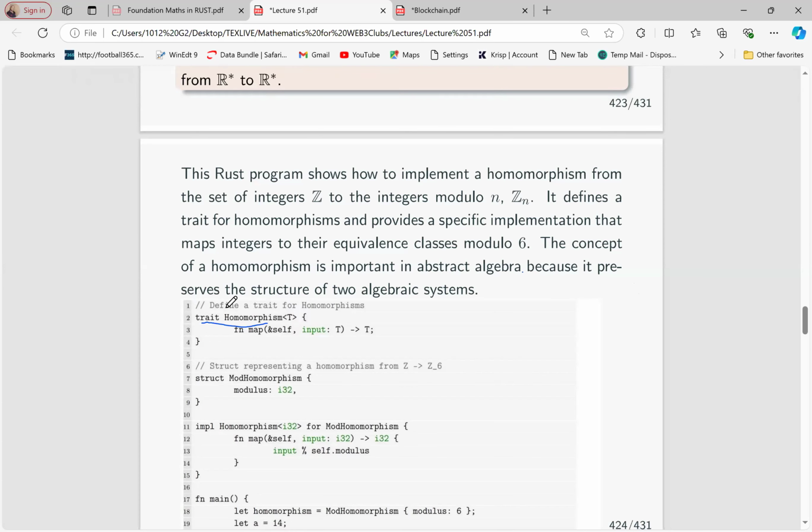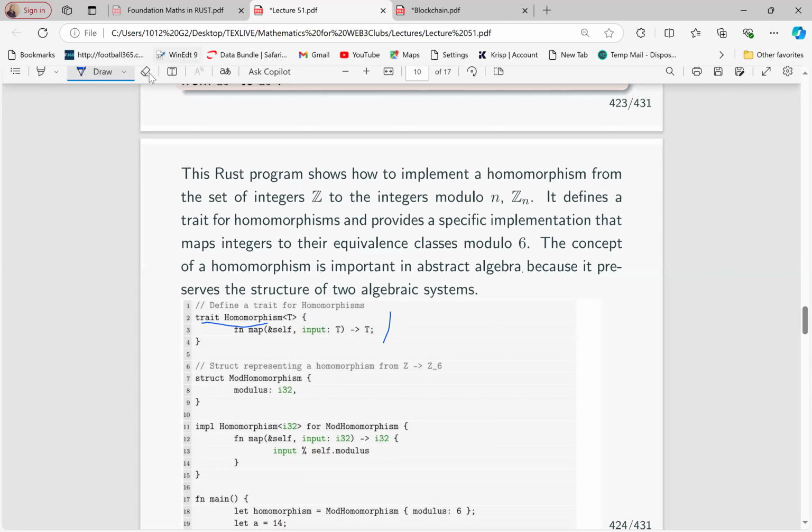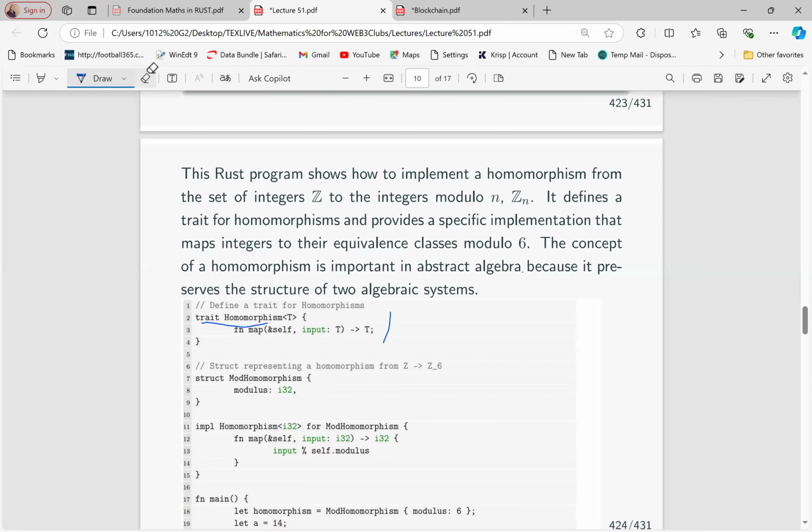Of course, I've said that is what defines it. At this point, I'm just defining a trait for homomorphism, and that trait, I call it T. So mapping T to itself, for instance. And then we will have a struct mod homomorphism.